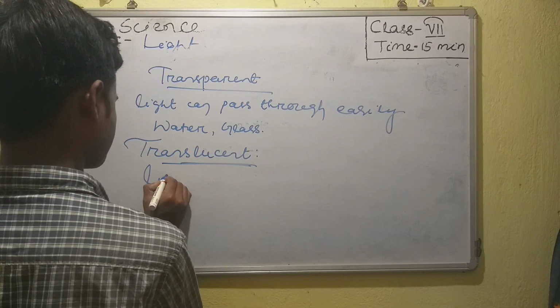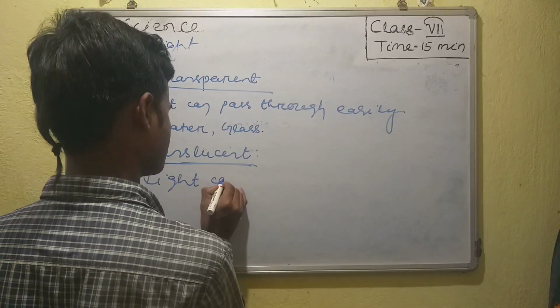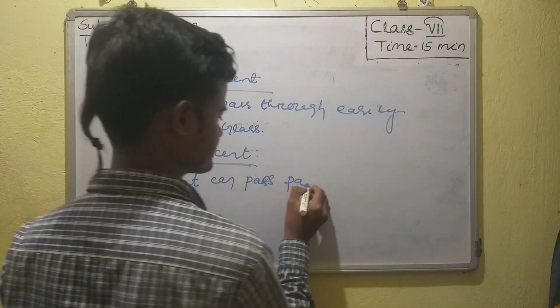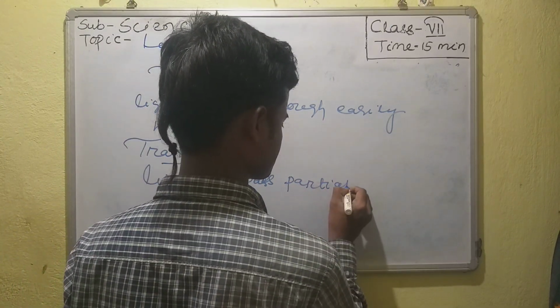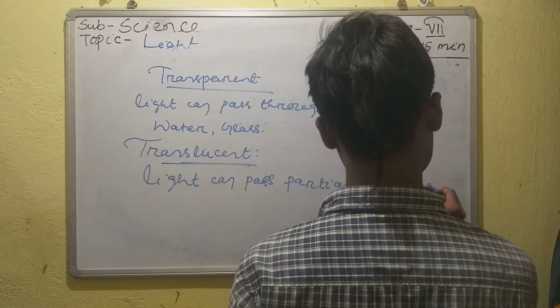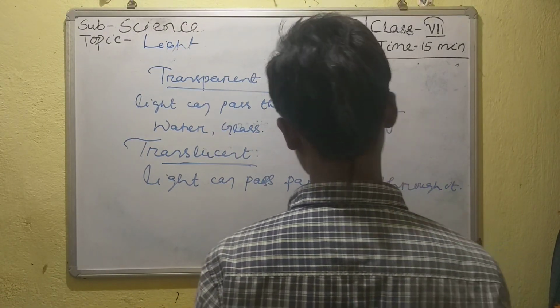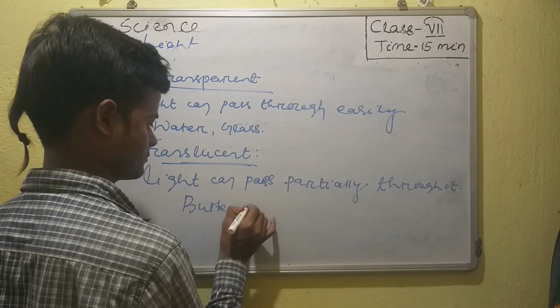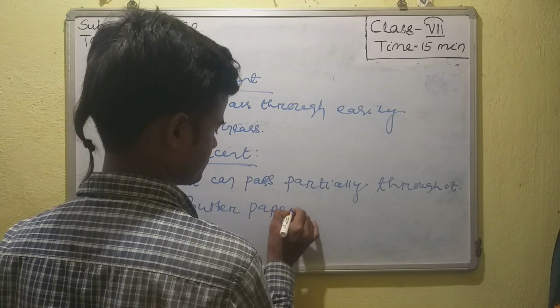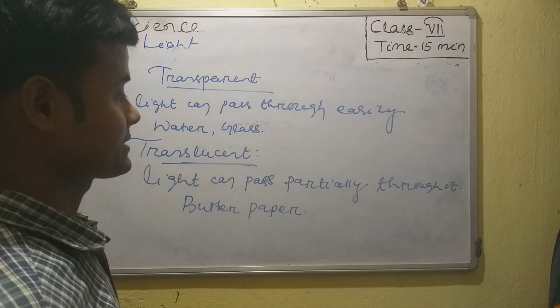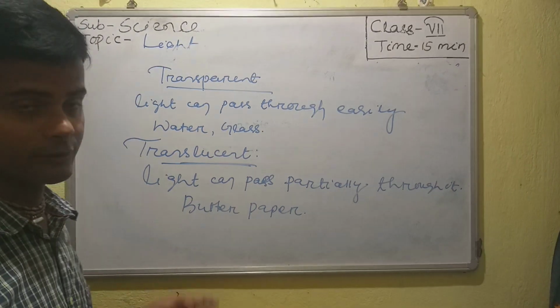Light can pass partially through it. Butter paper, right? In butter paper, light can pass partially, so it is a translucent object.